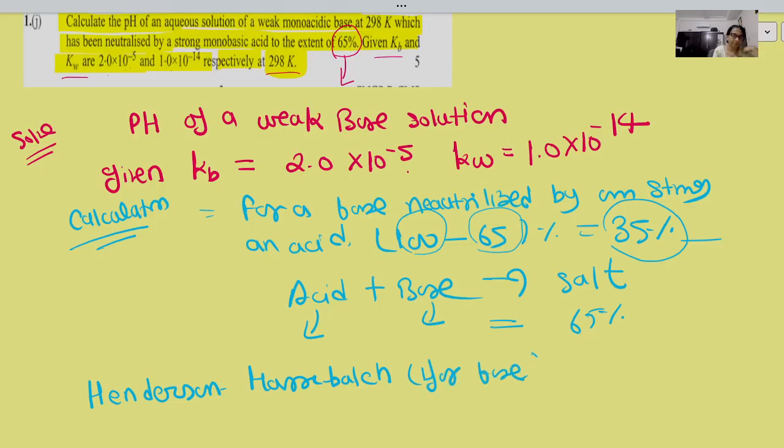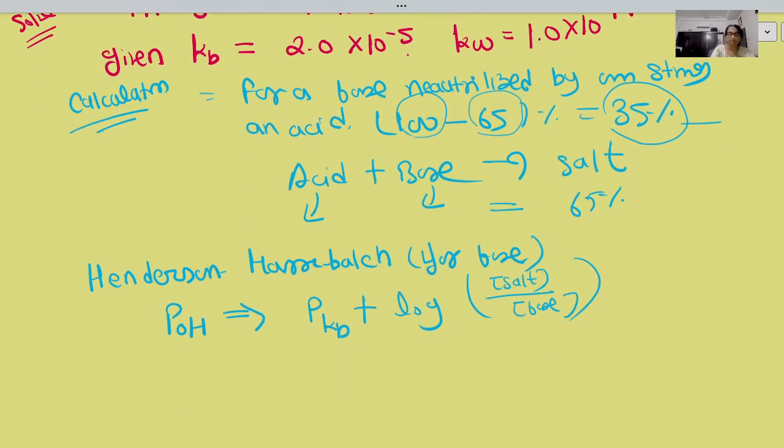For the calculation of pOH, the formula is pOH equals pKb plus log of the concentration of the salt upon the concentration of the base, because we are calculating the pH of a base. So it is the Henderson-Hasselbalch equation for the calculation of the pH of a base, represented with the help of pOH.